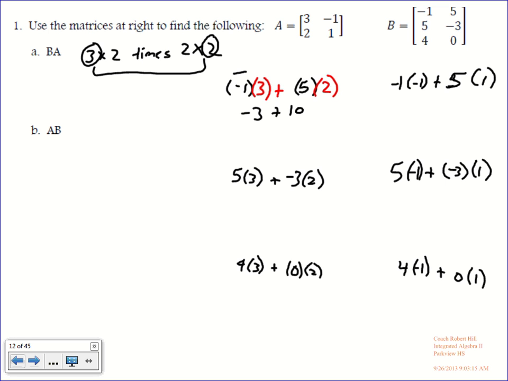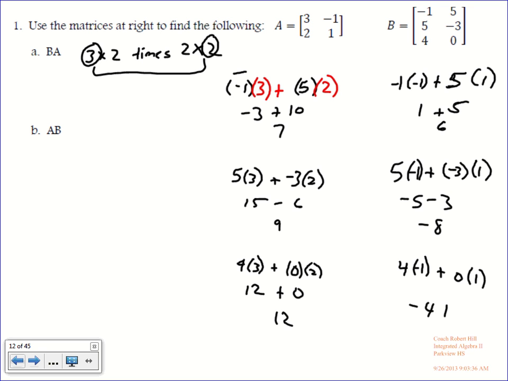-3 plus 10, there's 7. 15 minus 6. 12 plus 0. 1 plus 5. -5 minus 3. -4 plus 0.